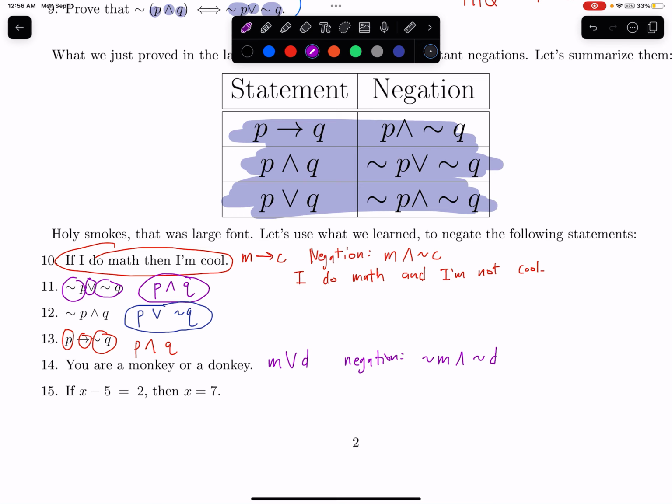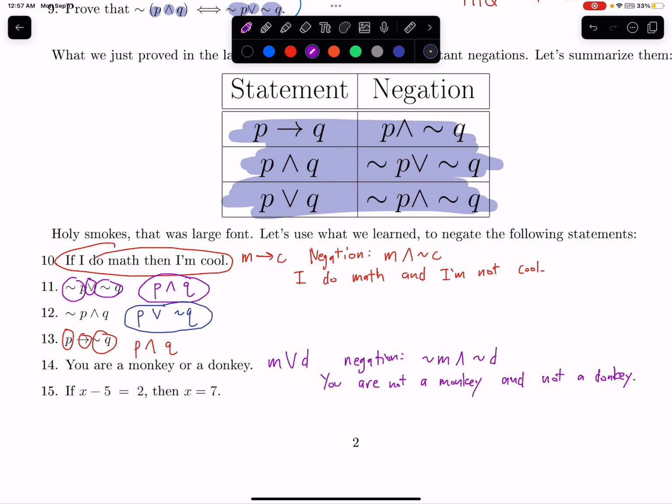Since the question was in English, you are not a monkey. And you're not a donkey, or just say and not a donkey. If you think about that long enough, you realize, yeah, that's true. That is the statement with the opposite meaning, the negation of the original.